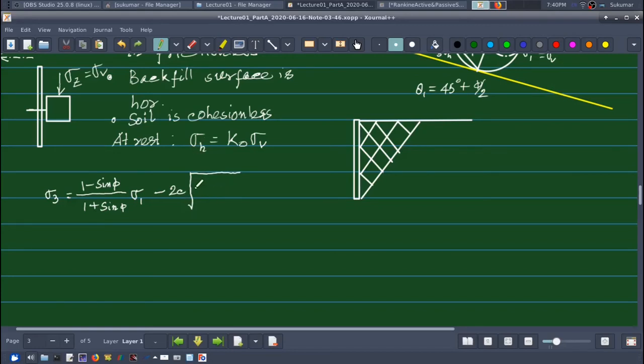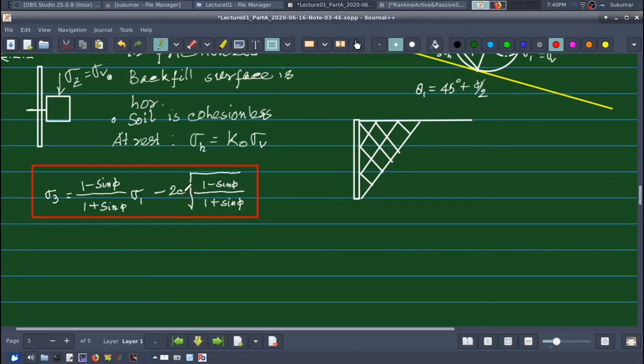This relation I think you remember already. This relation we have studied in the first course of our soil mechanics, or geotech 1.